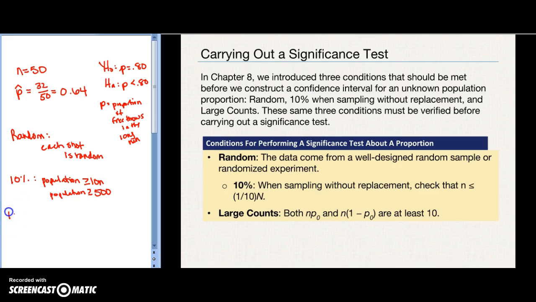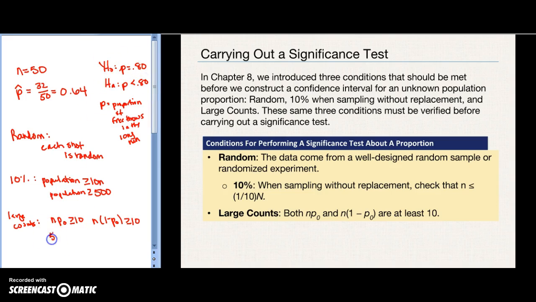And then the last one, the large counts again. This time notice that we want to know is n times p0 greater than or equal to 10, and is n times 1 minus p0 greater than or equal to 10. So it's not the p hat anymore, it's related back to your null. When they use the sub-zero, they're saying that.